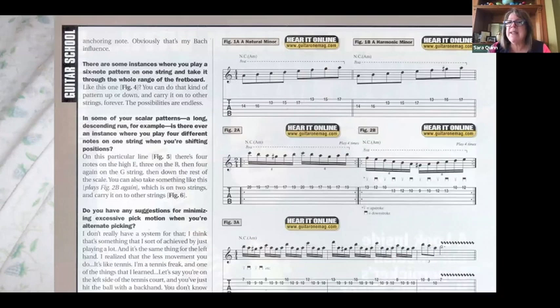It was called the Lick of the Day, or the Lick of the Week, or something like that. And so you would read about a guitarist, and why they were inspired to write X, Y, or Z. You might see the music. You could probably go to this website and hear it online.